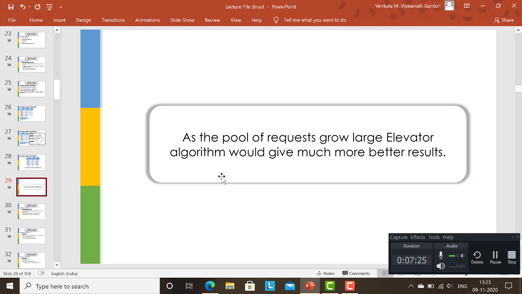But as your pool of requests gets very large, then the elevator algorithm will start to give much better answers, right? The primary reason is that the elevator algorithm avoids the zigzag movement that FCFS, first come first serve, will do, right? Okay, so I think that's enough about the elevator algorithm.